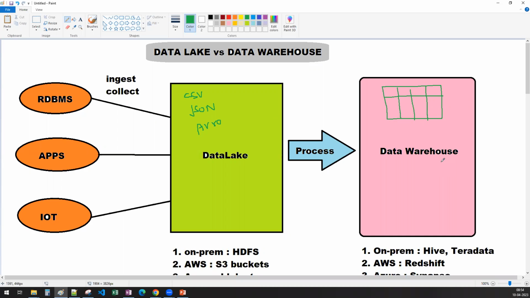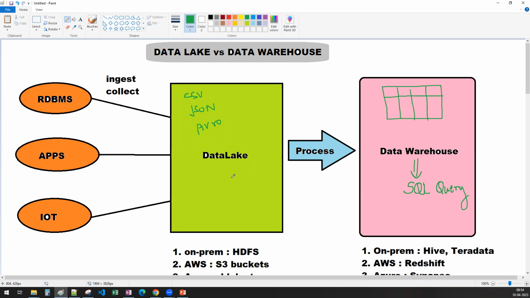When I say process and analyze, you are going to use the SQL language. Data warehouses come with a built-in query engine. That query engine is capable of running SQL queries. So this is the main difference you can understand.